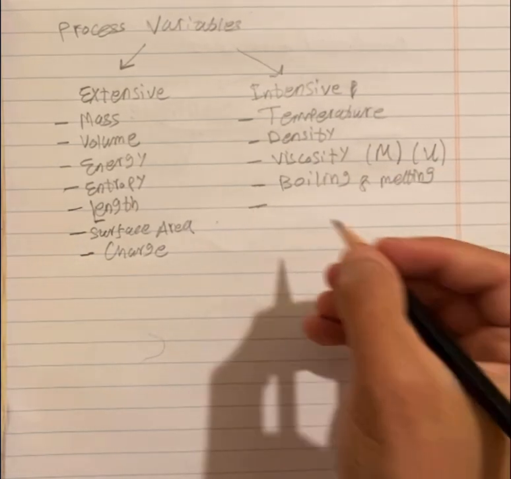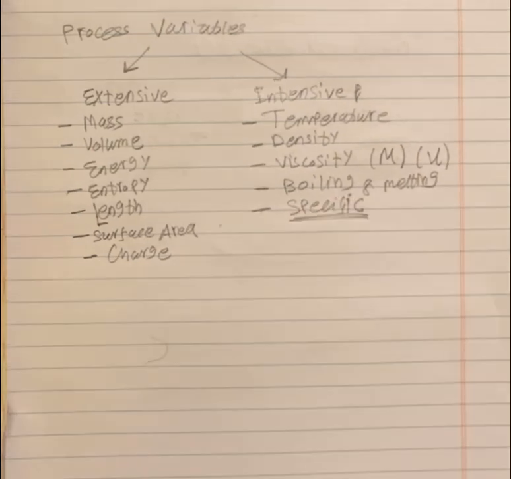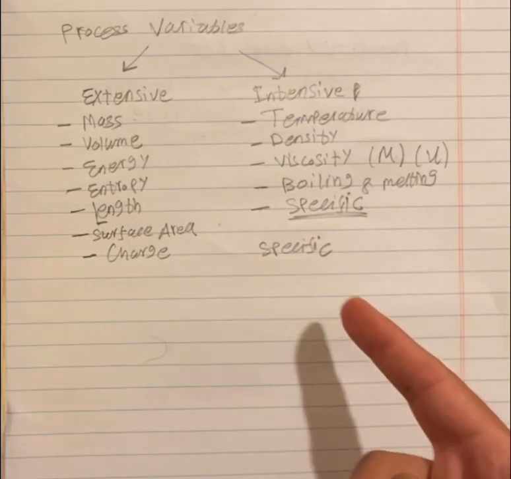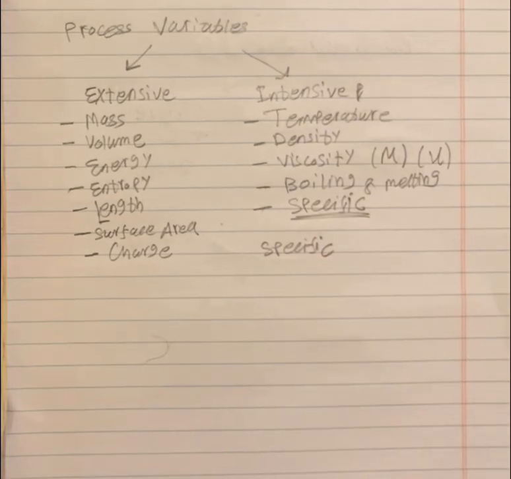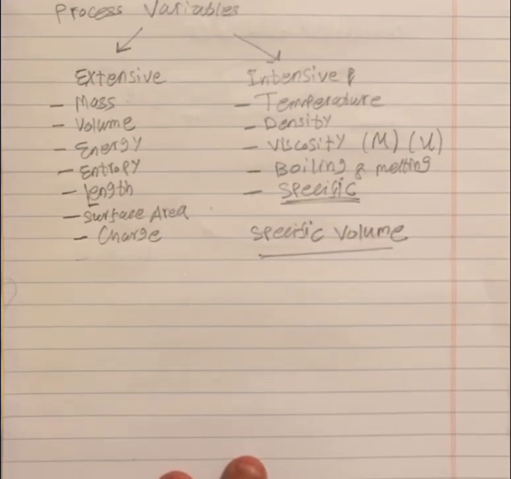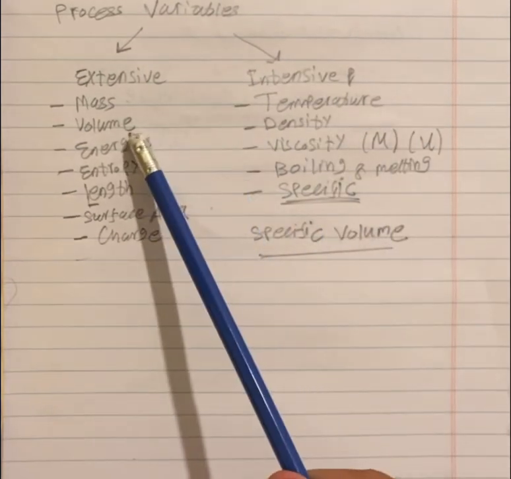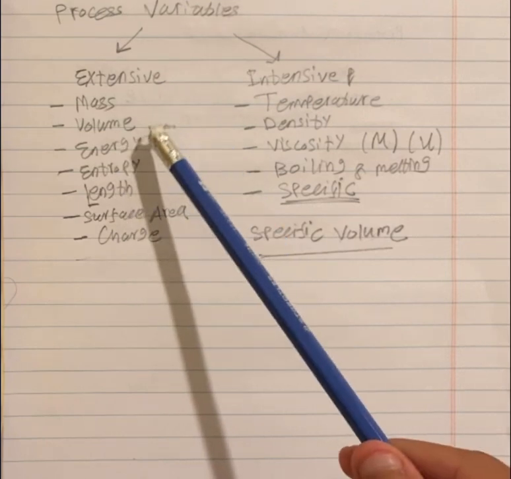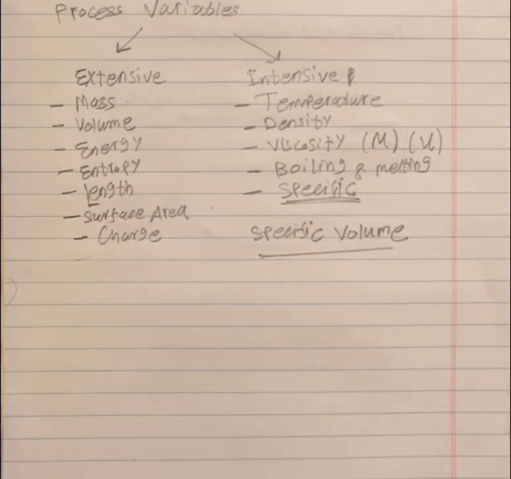And the last thing, specific. Whenever you see specific, even if after the specific comes a word that is extensive, like volume, then it will be intensive. Specific volume, specific energy, specific enthalpy, for example. It's a type of energy. Specific entropy, then it will be an intensive one.